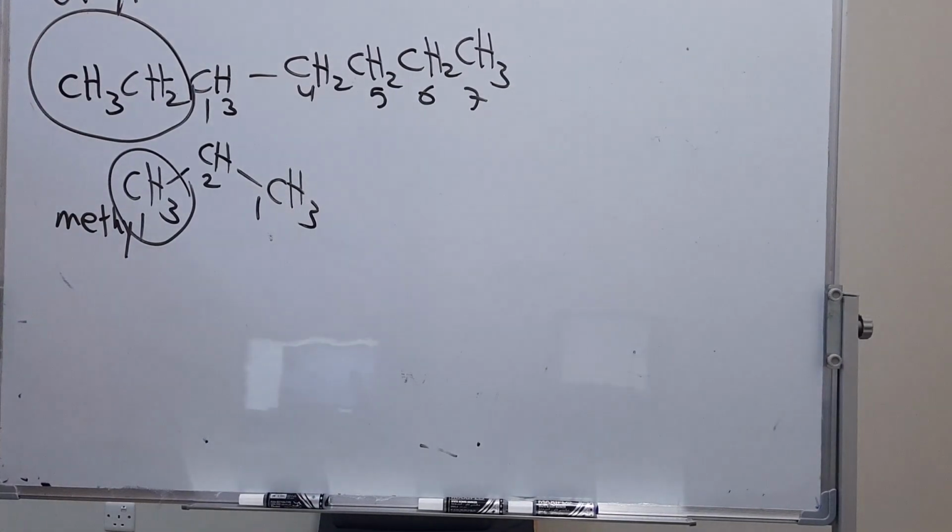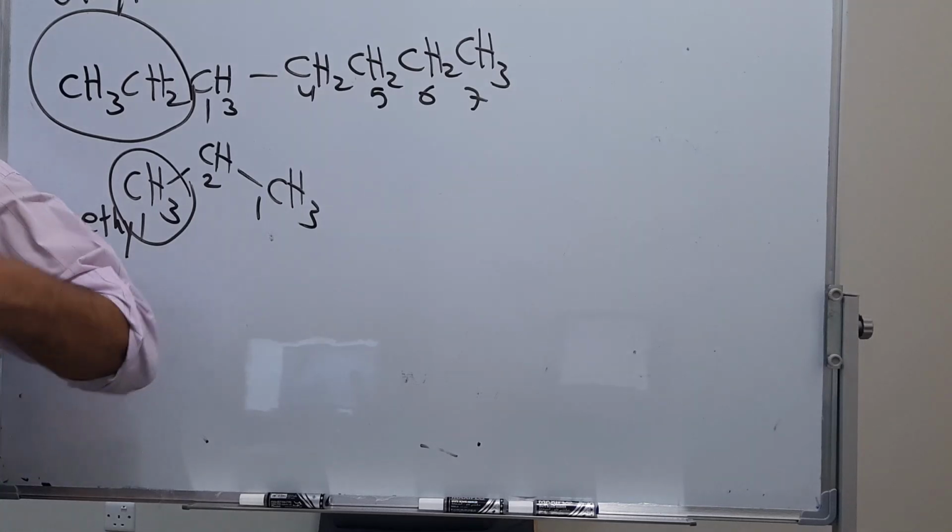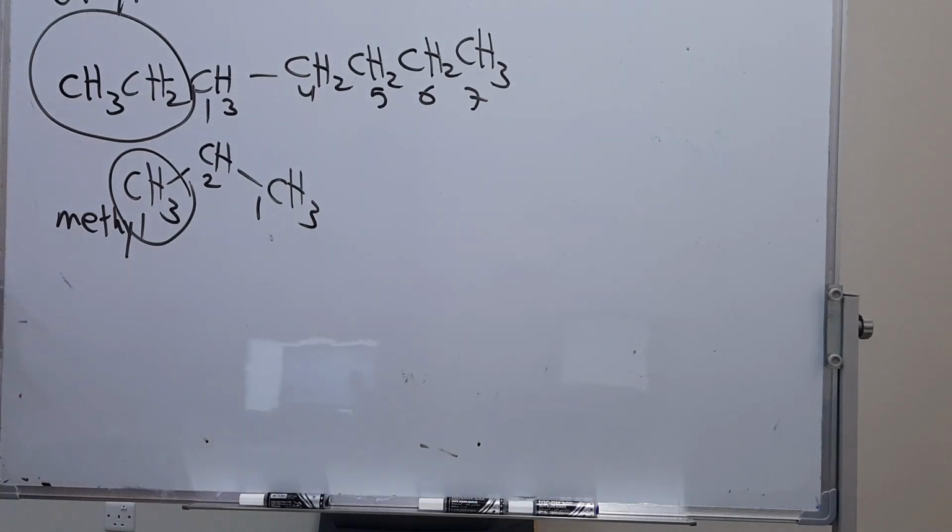So we have these two branches. We must now give the name of every branch. Just put a few lines under every word. We must give the name of every branch preceded by its number, the number and the name of every branch in this compound.